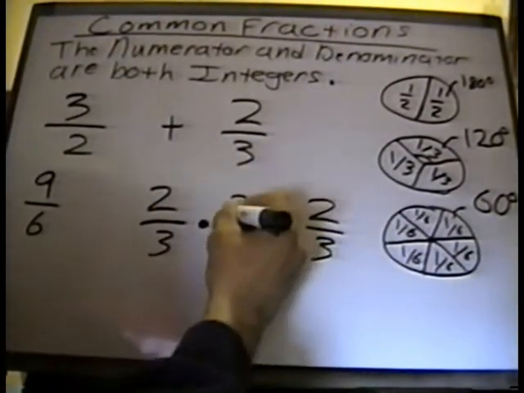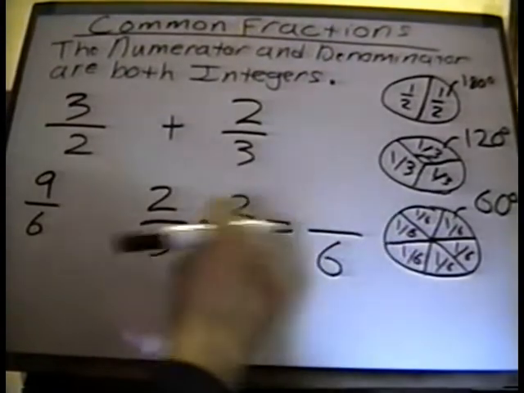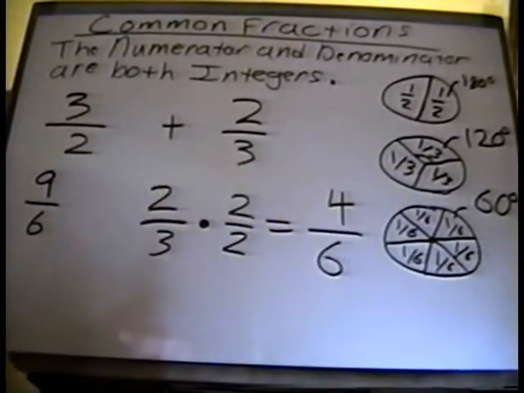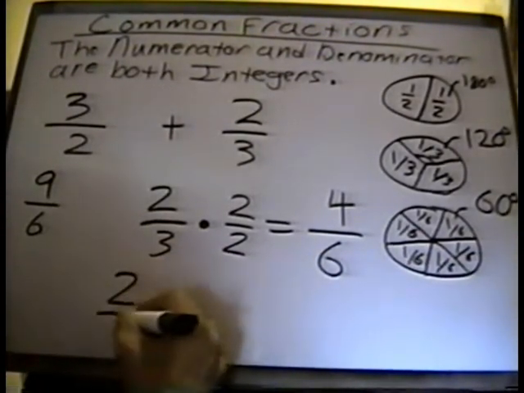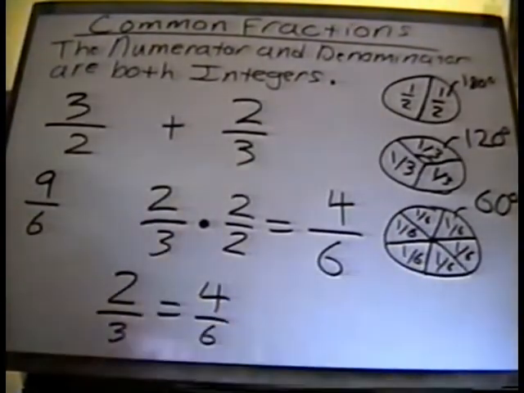So, we're going to multiply 2 over 3 by 2 over 2 in order to arrive at a denominator of 6. And 2 times 2 gives us 4. 4 over 6. So 2/3 is equal to 4 over 6. Okay?